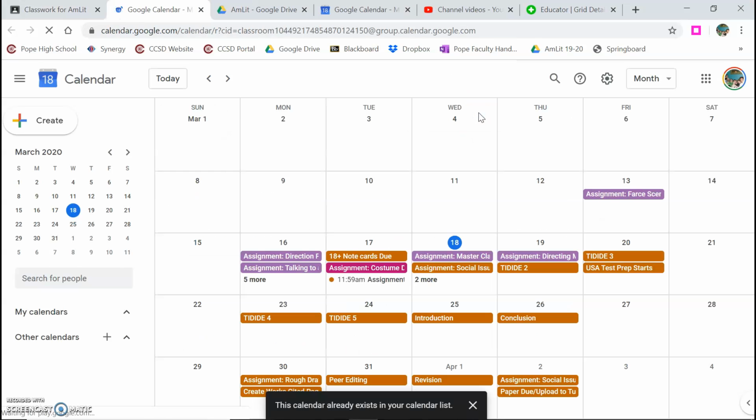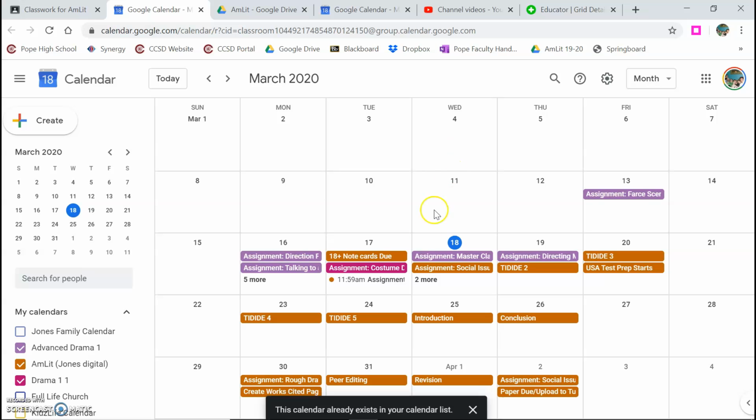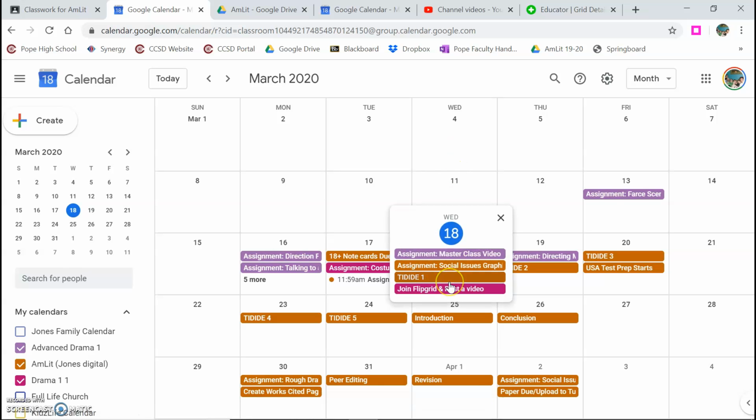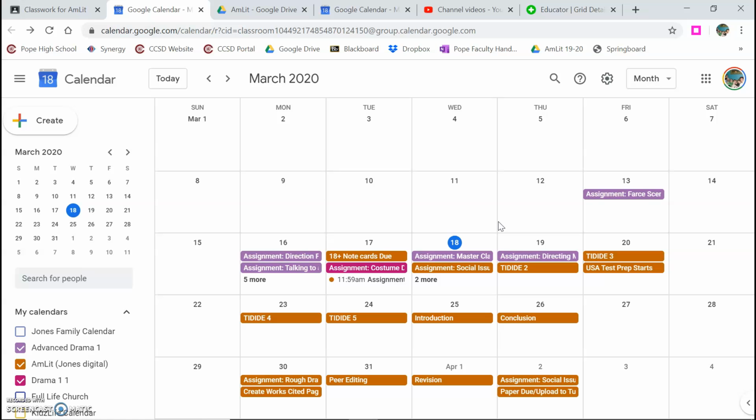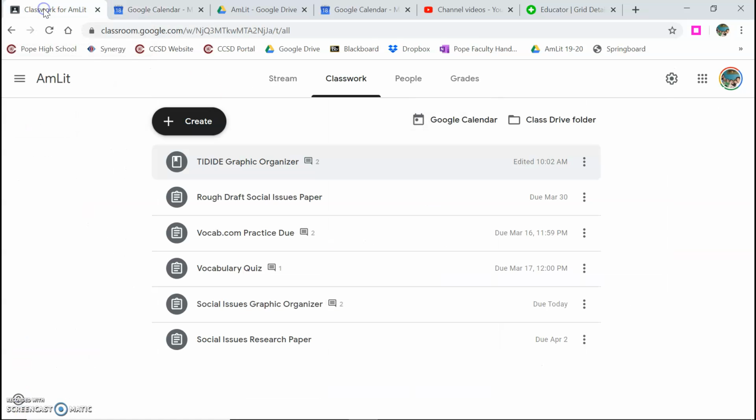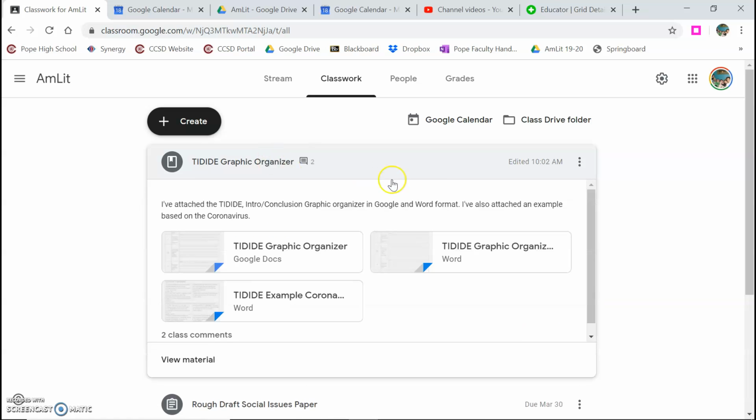According to our class Google Calendar, you're going to start on your TIDIDE paragraphs today. So I wanted to just walk through it and refresh your memory, because it's been a while since we've looked at it. On your classwork tab, you'll see the TIDIDE graphic organizer is listed.